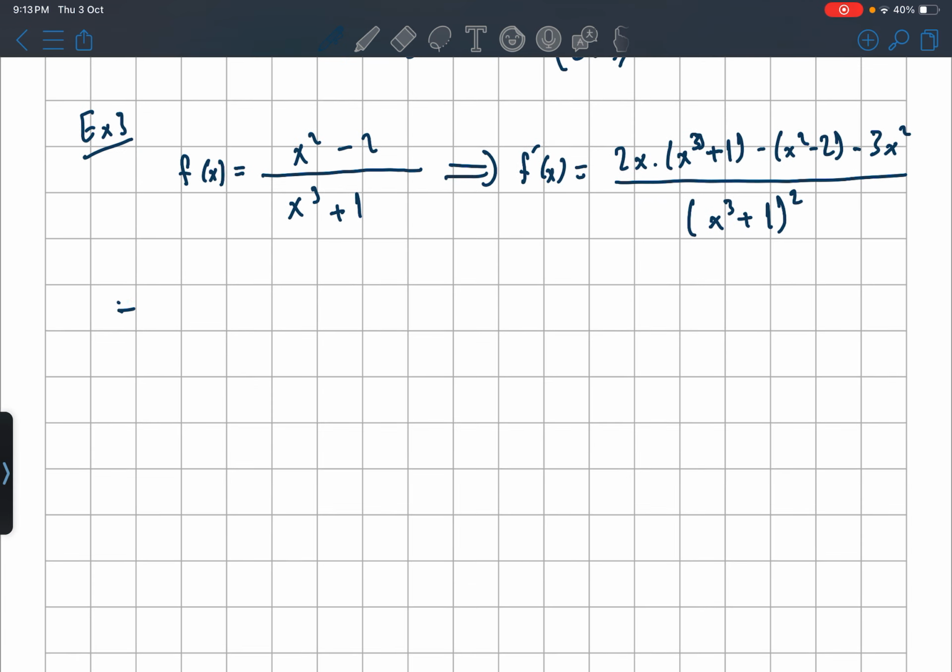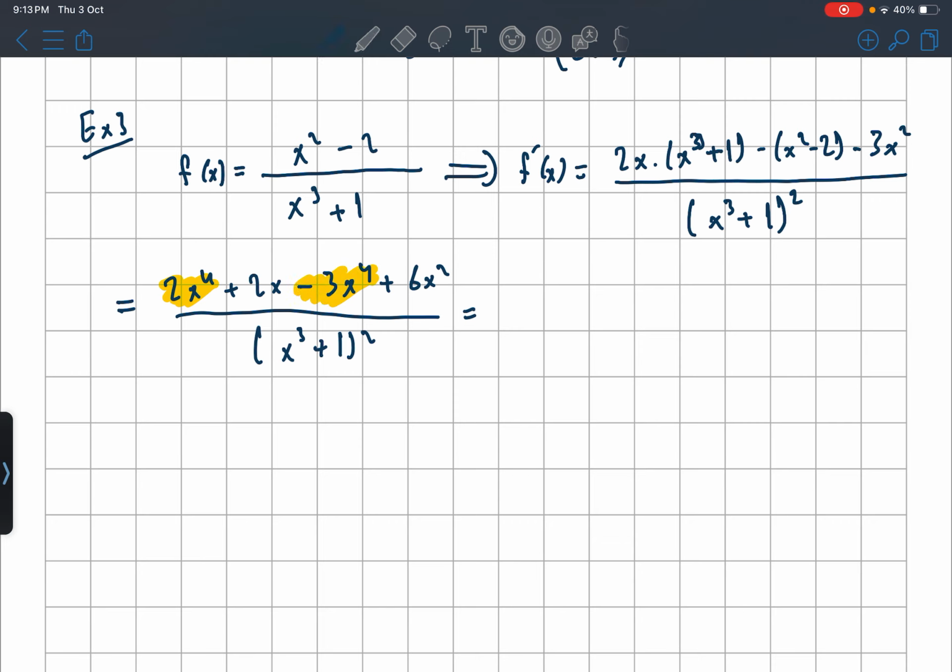And here we can simplify it. We can say 2x to the 4 plus 2x minus 3x to the 4 plus 6x squared over x cubed plus 1 squared. So here we have 2x power of 4, and here negative 3x power of 4.